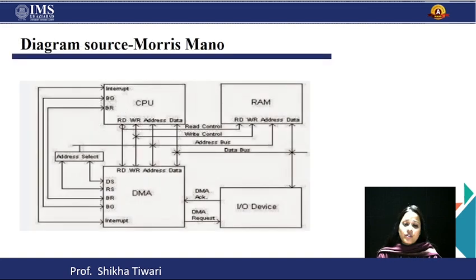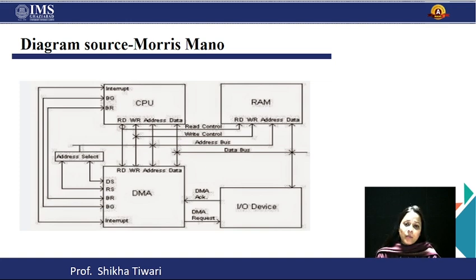So basically, first of all, the devices send a kind of request to the DMA that we want to communicate with the CPU, with the memory, and with your help we can do the communication. At that time, what does DMA do? The DMA interrupts the CPU so that the CPU can get to know that input output devices want to communicate with the memory. Then CPU will receive a bus request. This bus request will be sent by DMA.